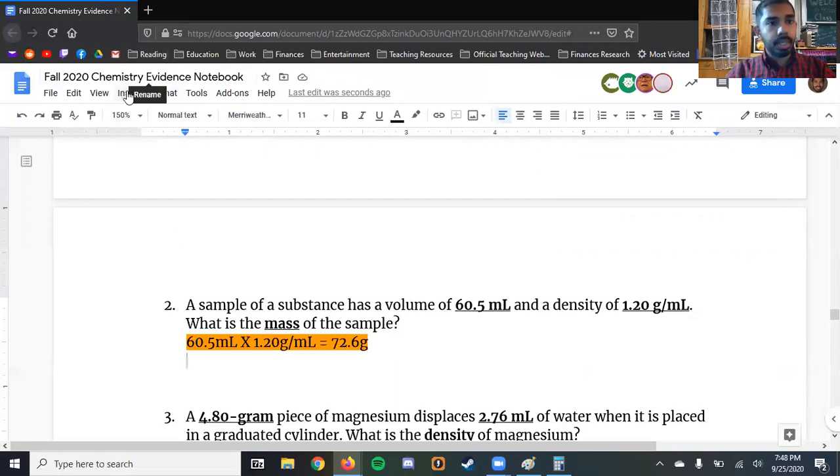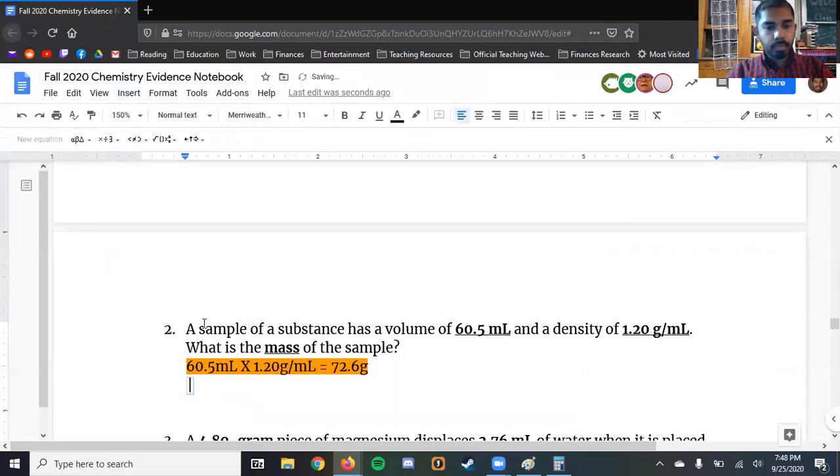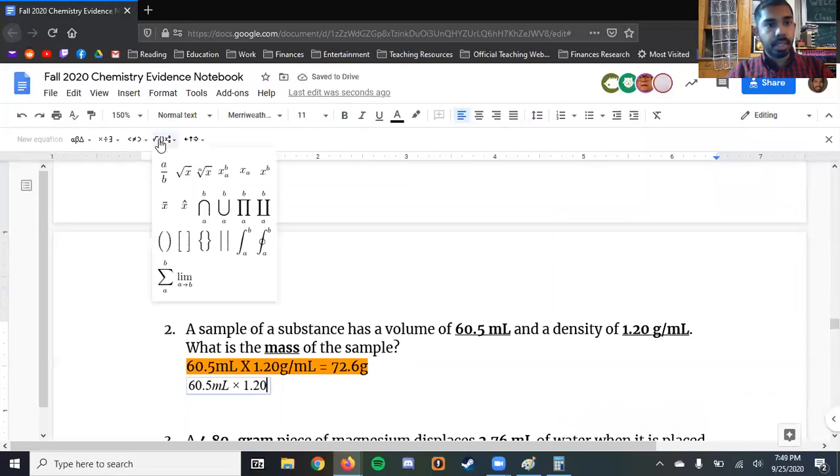Another way to do this, and I'm going to do 3 different methods for this, would be to insert an equation. So we have 60.5 milliliters. We're going to be multiplying by 1.20. And here's where this becomes handy.